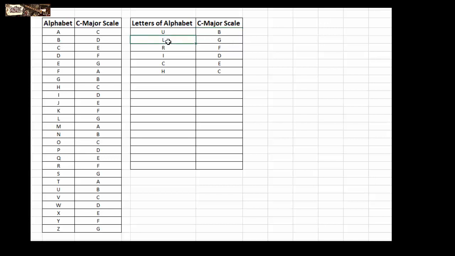The letter L translates, using the same method, to the pitch of G. Thus, I put in G right here, and so forth. R equates to F, I to D, C to E, and H to C.